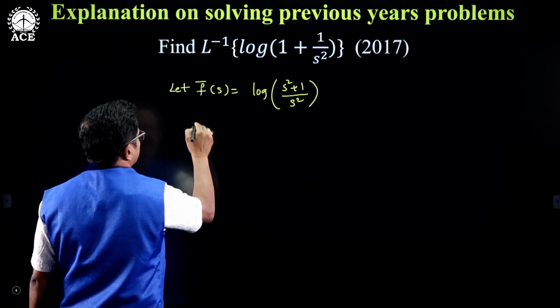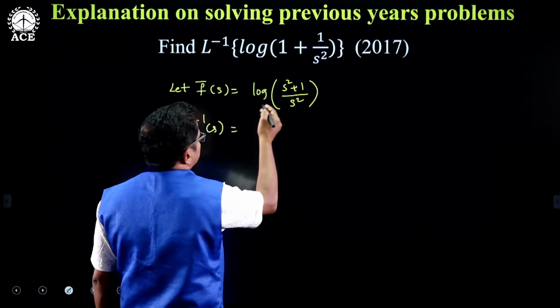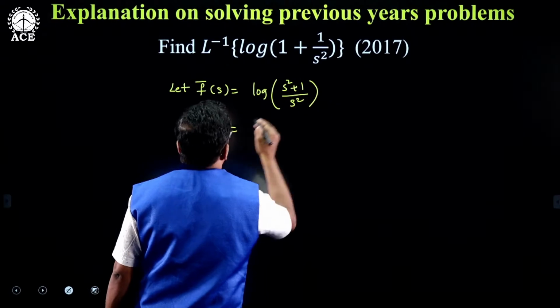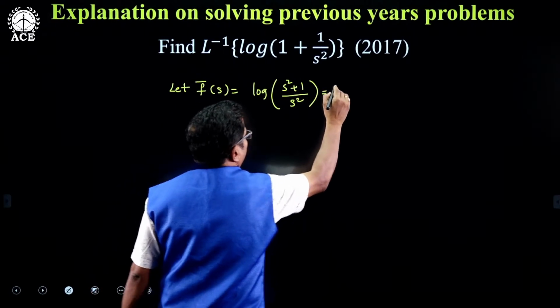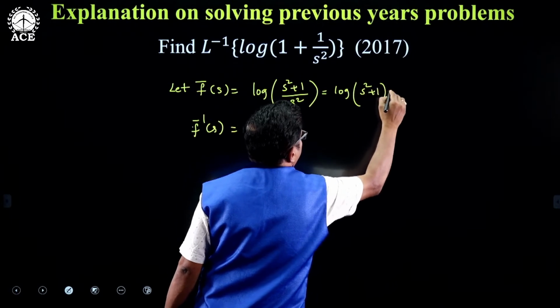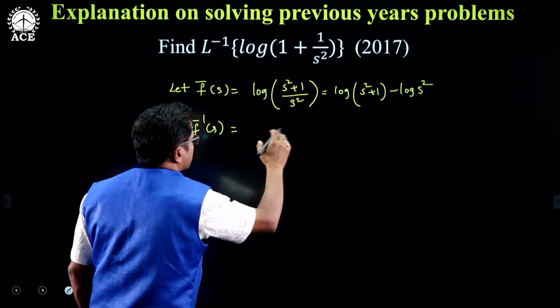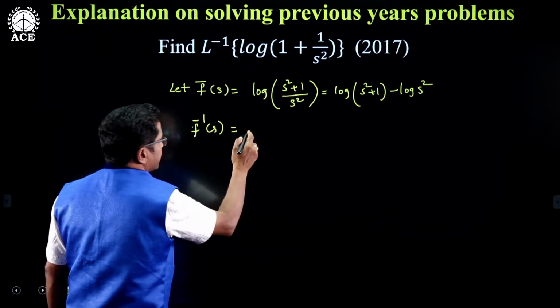So f bar dash of s, we can also write f bar of s as log of s square plus 1 minus log of s square. Now its differentiation I am writing here.